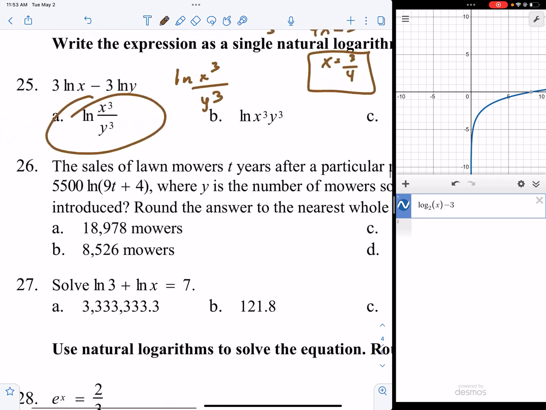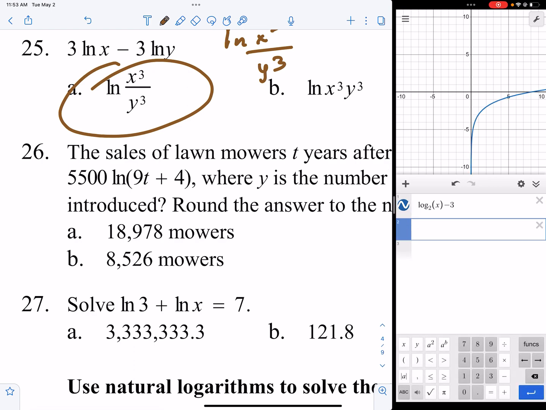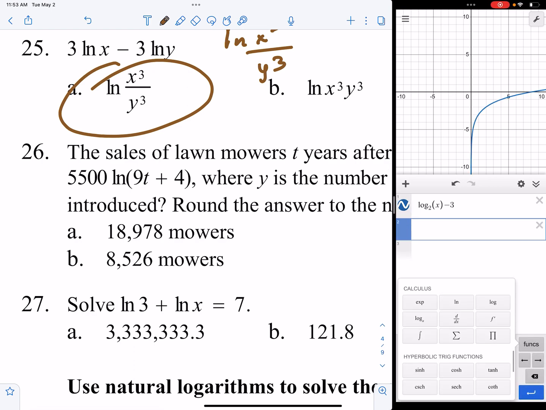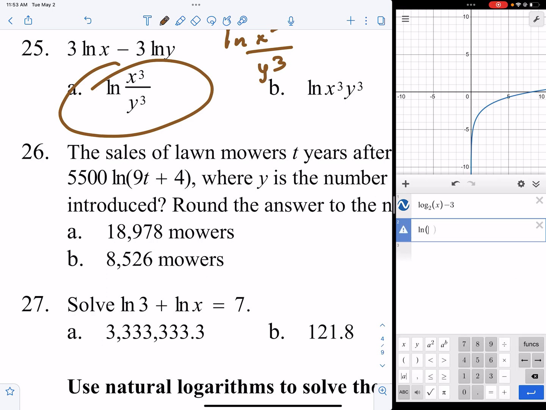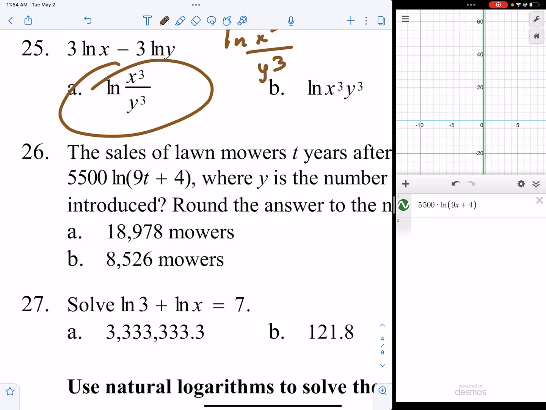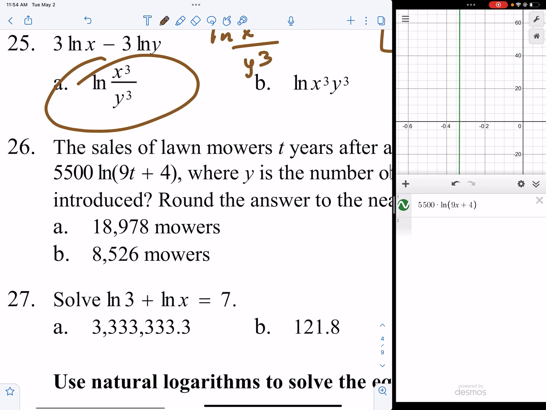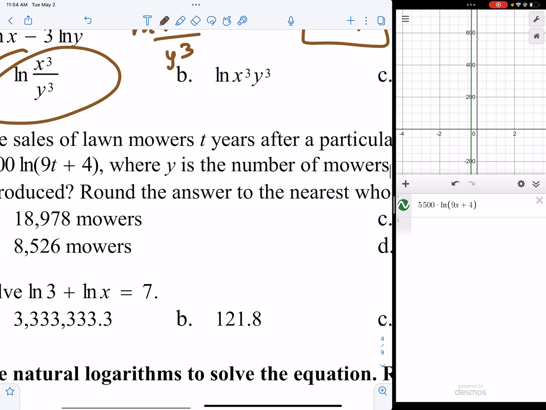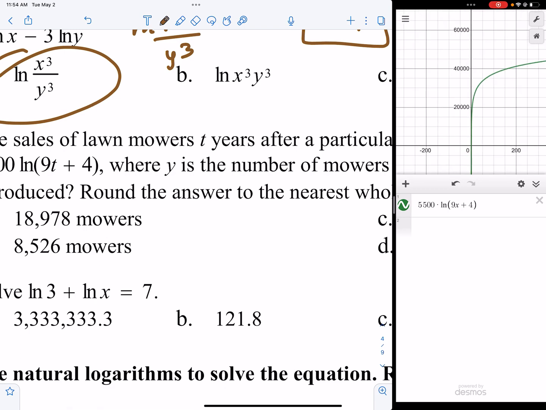All right. Guys, we're going to graph this function. 5500 times ln of 9x plus 4. Never use t in a graph. Okay, let's get rid of that one. All right, and now let's spread this out. There we go.